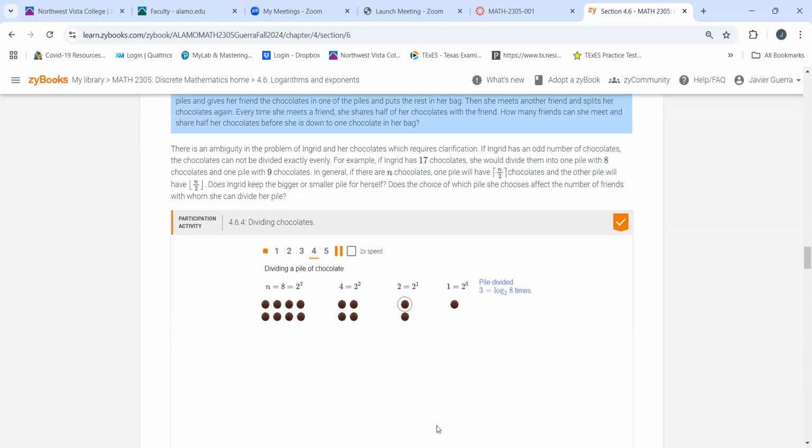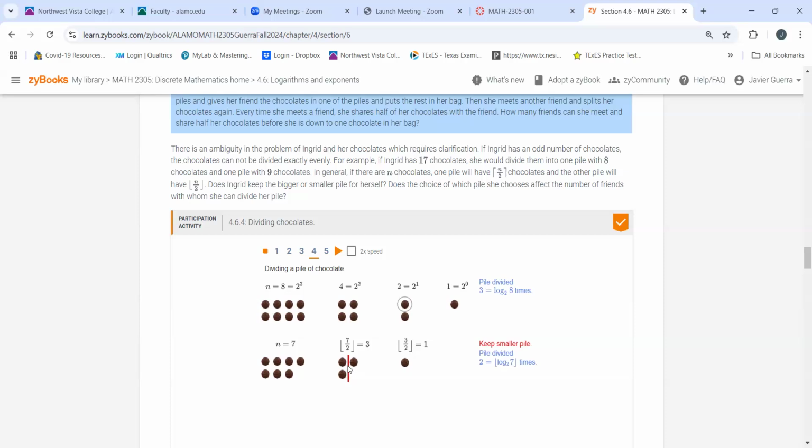All right, let's try another one. Suppose she has 7 chocolates. Well, she's going to divide it out. So she will keep 3 and give 4 to her friend. Now she's got 3, so she splits it.